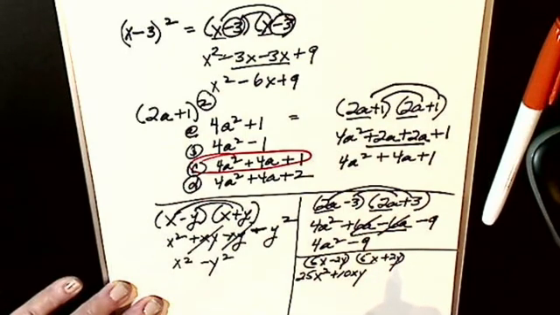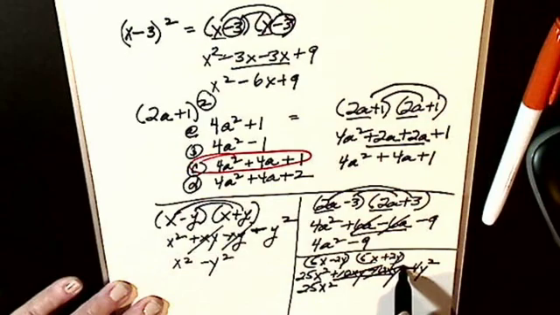I multiply my inners, I get minus 10xy. I multiply my lasts, I get minus 4y squared. Outers and inners combine. So I'm left with 25x squared. They go to 0. And I get minus 4y squared.